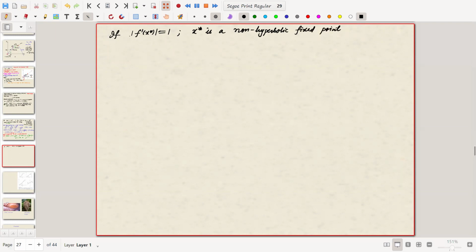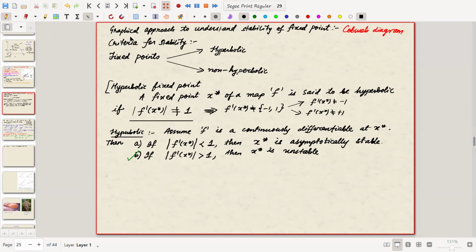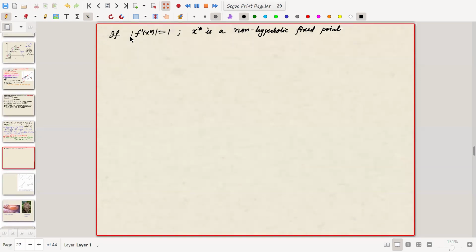But our previous theorem only told us the stability criteria if f prime is less than or greater than 1. So how, in your map, will you know if it is stable or not? You have to develop new theories.